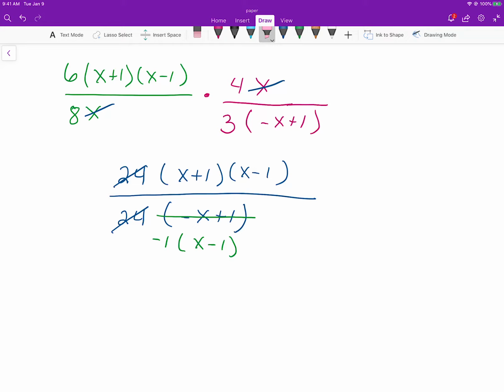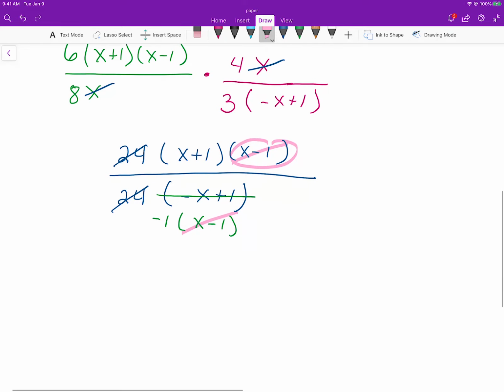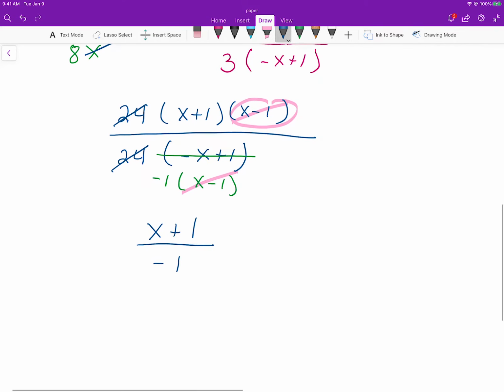And this is how we're canceling out the x minus 1s. We can take out one more factor. And then you're left with x plus 1 over negative 1, which is the same thing as negative x minus 1, which I believe was one of the answers on your page.